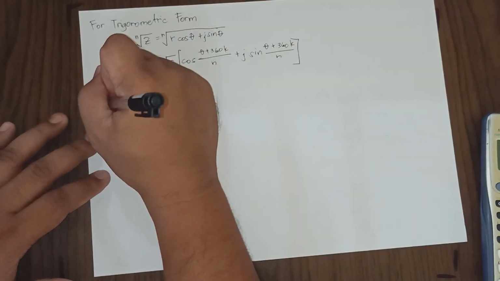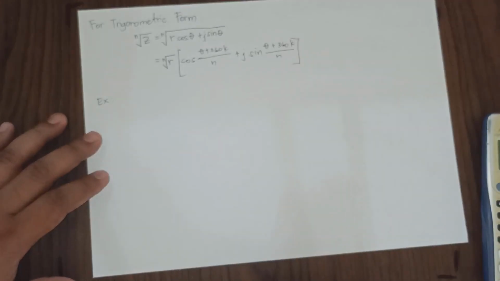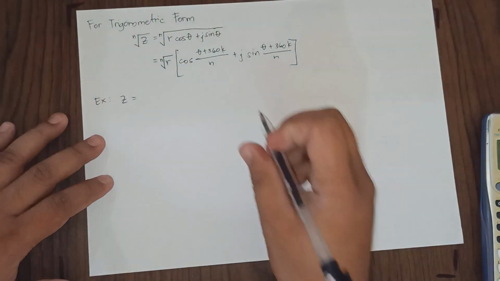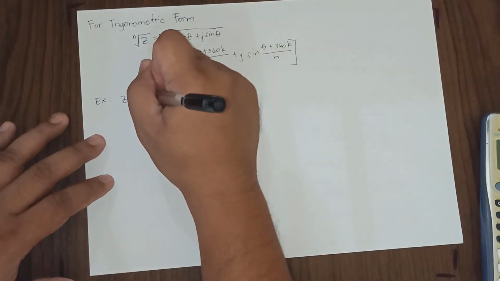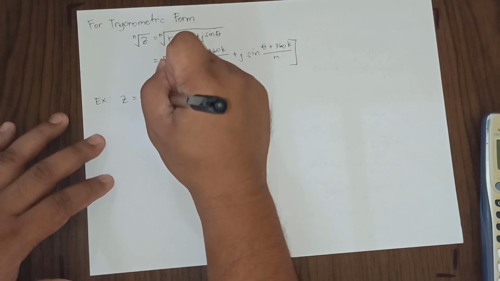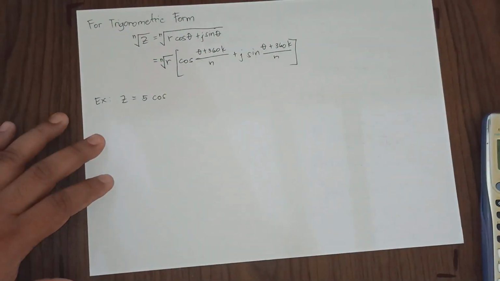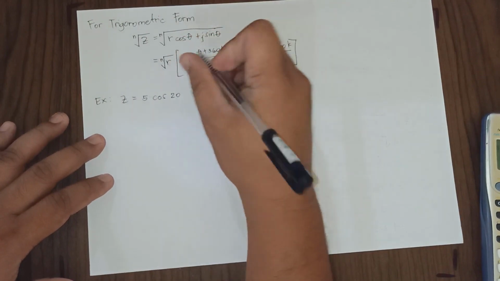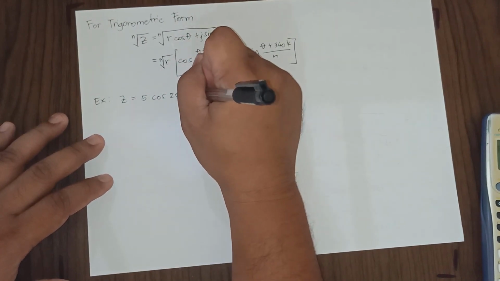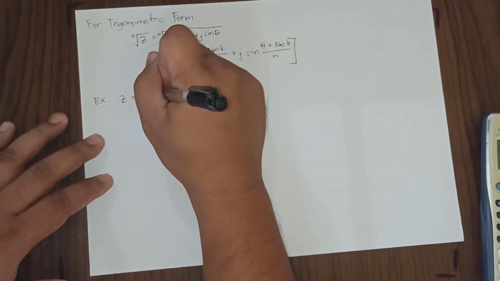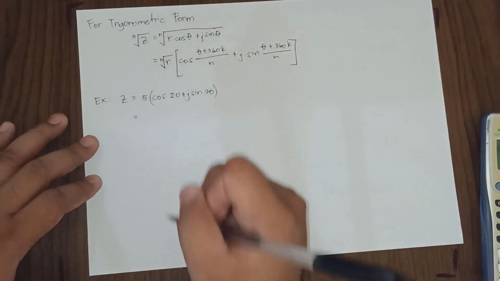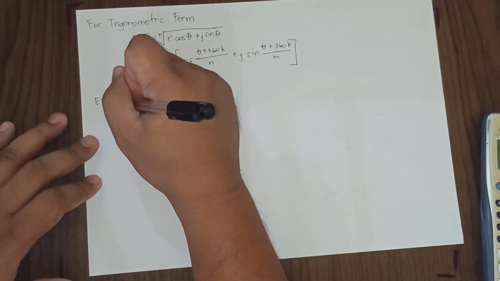For example, we have z is equal to 5 cosine of 20 plus j sine 20.